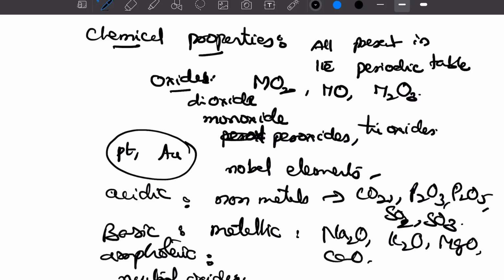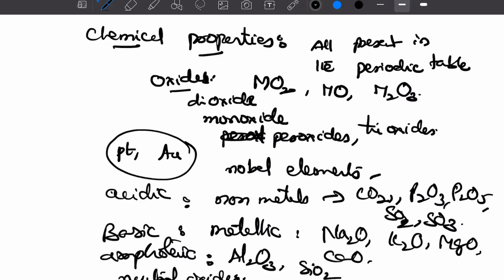And next are amphoteric oxides. Amphoteric oxides have both acidic as well as basic nature. They are called amphoteric because they react with both acids and bases to give salts. The best examples are Al2O3 aluminum oxide and silicon dioxide. And next is the neutral oxide.